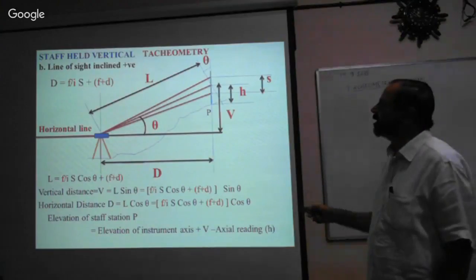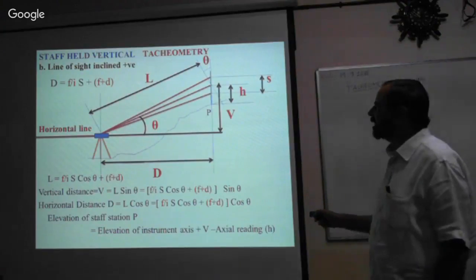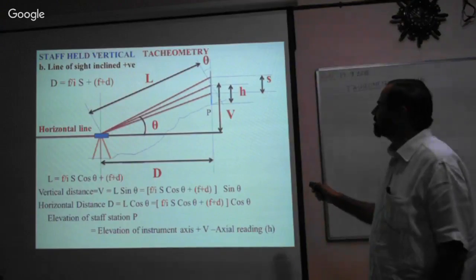Now please remember, here the line of sight is inclined. The staff is held vertical.